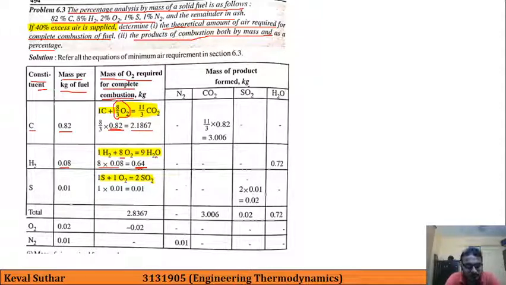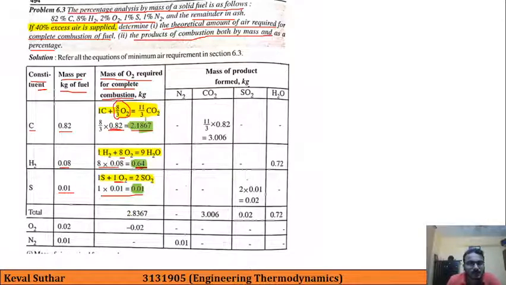Similarly for sulfur, the coefficient before oxygen is 1, so multiplying 1 with 0.01 provides this value. When we sum all together, 2.1867 kg oxygen is required for obtaining carbon dioxide, 0.64 kg for H2O and 0.01 for SO2.